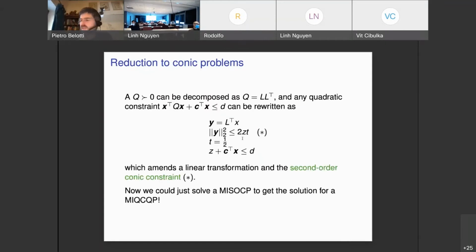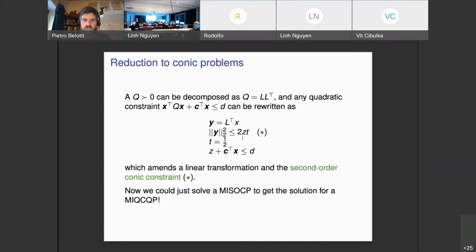Another technique, probably an even more important technique than perspective reformulation, which, as I said before, is not applicable all the time, doesn't have as much impact as other approximations, but can be useful in some cases. This technique I'm going to show now is again very well known in the literature, it has been established.